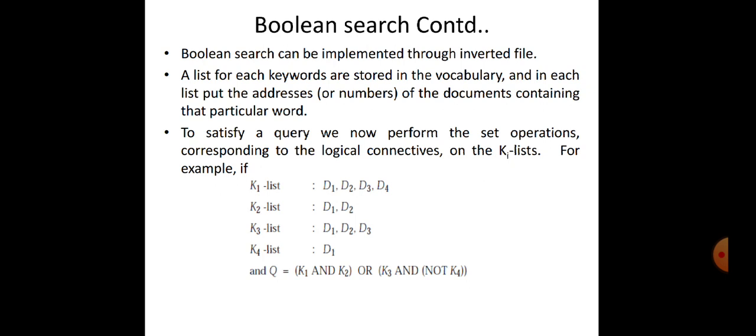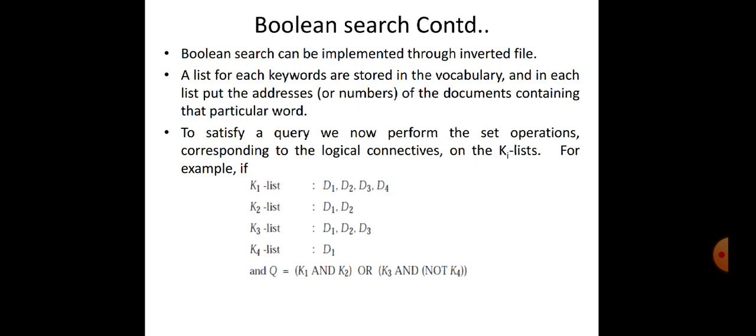K1 means first keyword, K2 the second, K3 the third, K4 the fourth. Here K2 is present in D1 and D2, K3 is present in D1, D2, D3 and K4 is present in D1. Our search query is K1 and K2 or K3 and not K4. We need to find all the documents which satisfy this particular query.